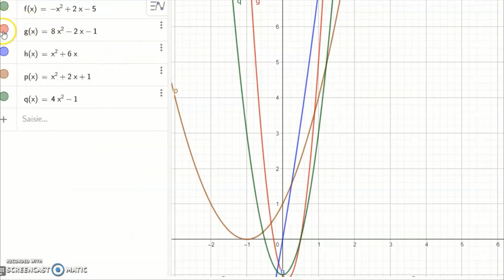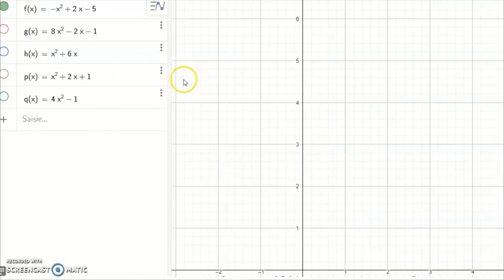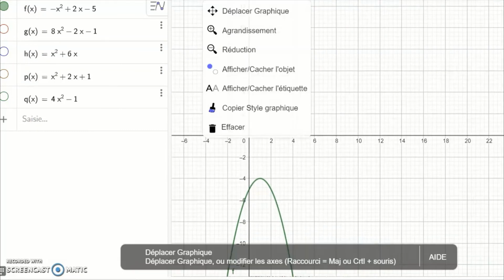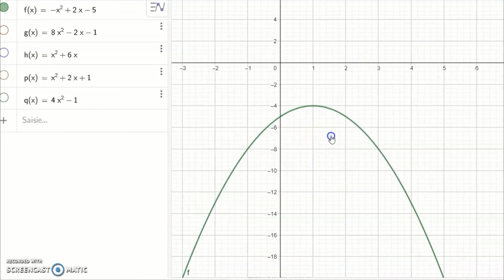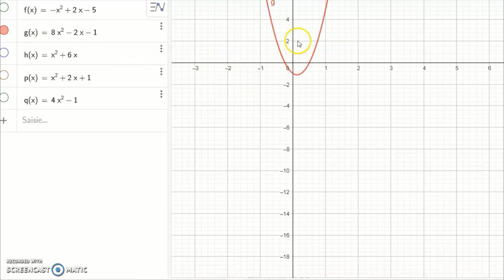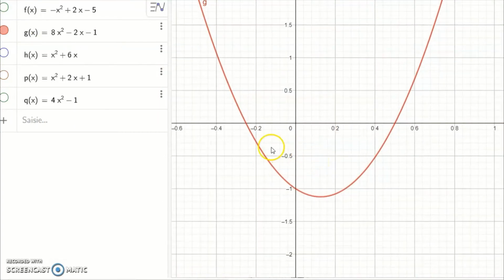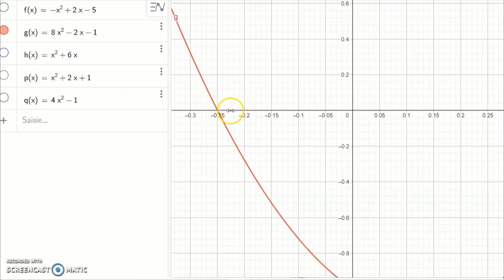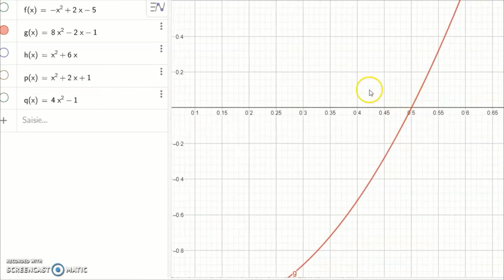We can check our result using the graphs. For the first function, we can see that we have no solution, no intersection with the x-axis. For the second one, we have two solutions, -1/4 and 1/2.